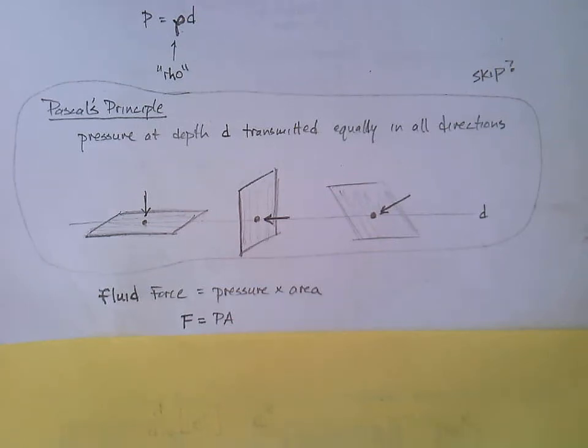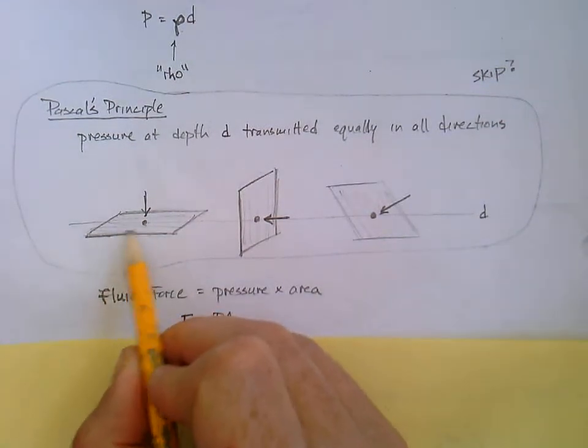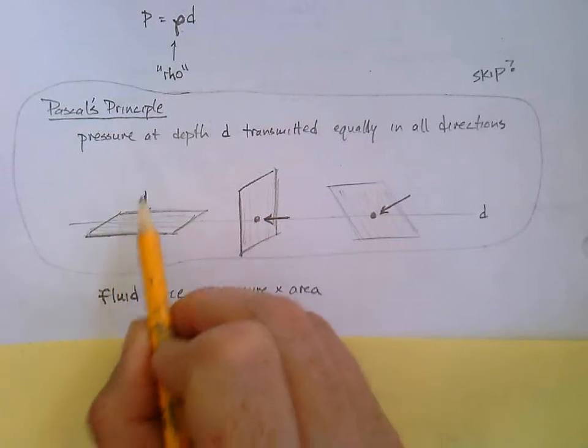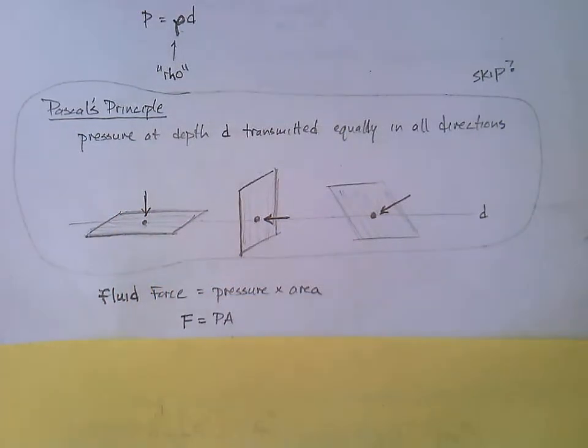Something's pushing, and the total amount of area that it's pushing on gives you all of the force. Kind of like you're imagining all the little pressures on all the different little points, summed together, would give you the total force exerted on, let's say, a plate that you might submerge in a fluid.